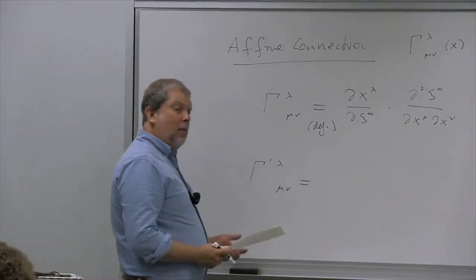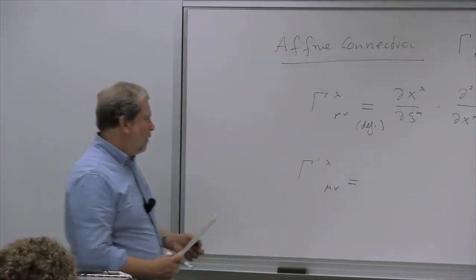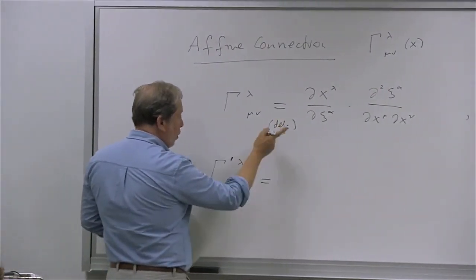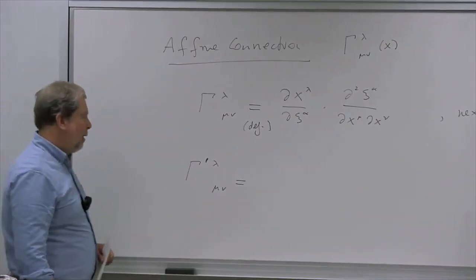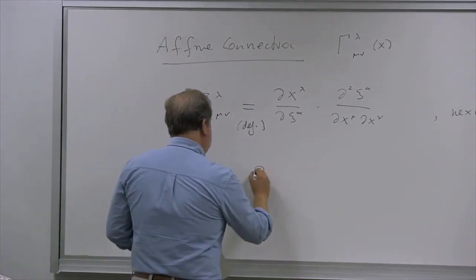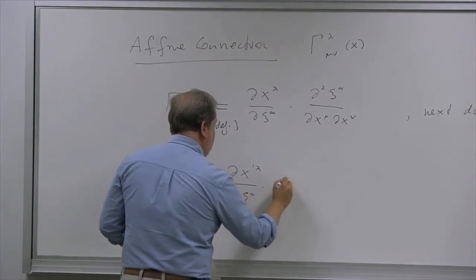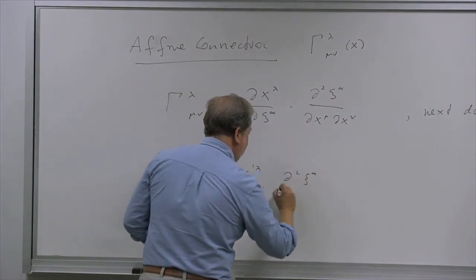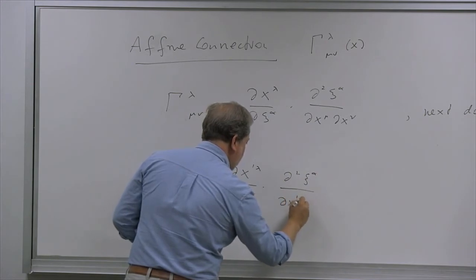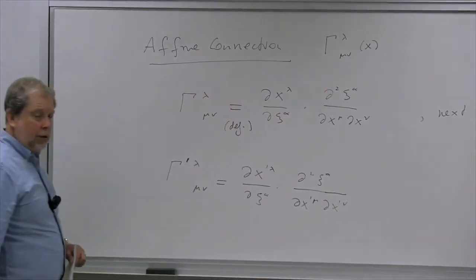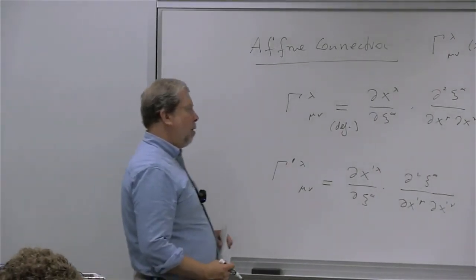Well, that's a little bit of an exercise in manipulating indices. First of all, this quantity with the prime is equal to exactly that where everything has been primed. So this is, of course, equal to dx'^lambda by dxi^alpha times the second derivative of xi^alpha with respect to x'^mu and x'^nu, right? That's obvious, everything has been primed.